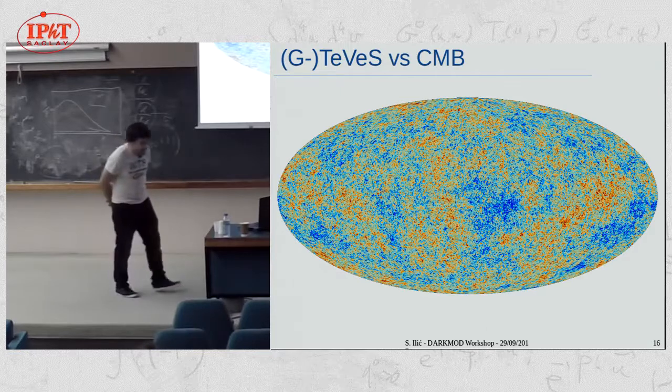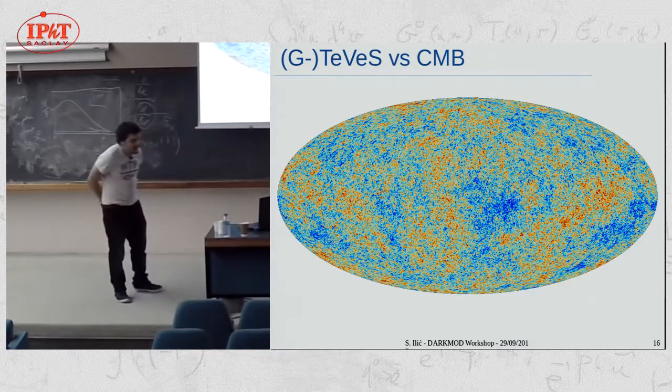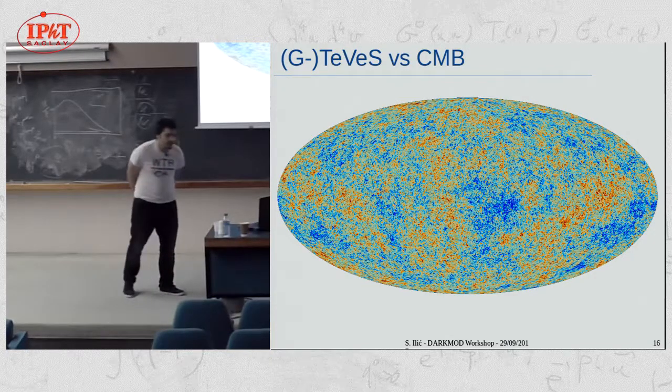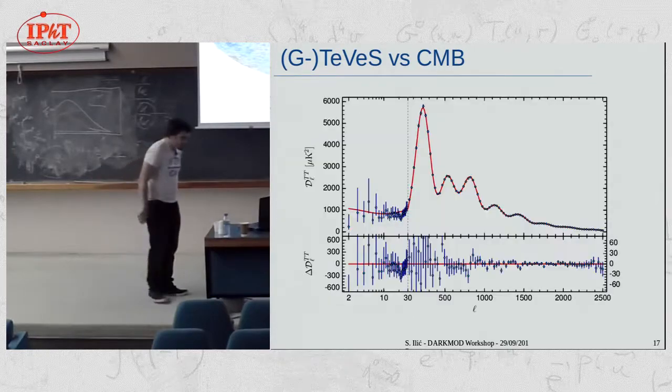This guy here on the screen, the cosmic microwave background. And the CMB has always been a major hurdle to clear for any consistent theory of gravity. And this is especially true for models without CDM.